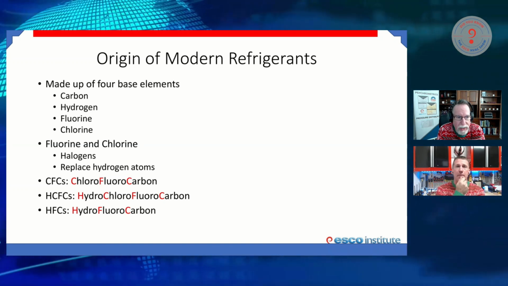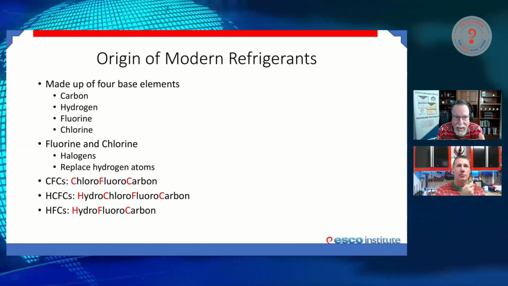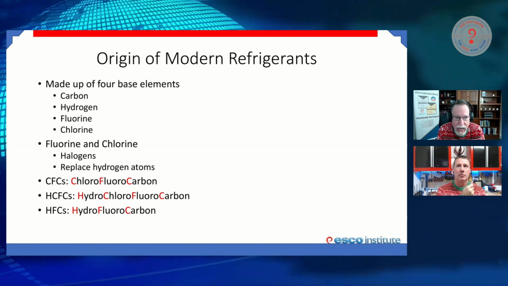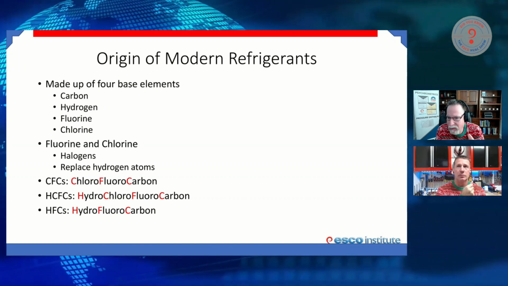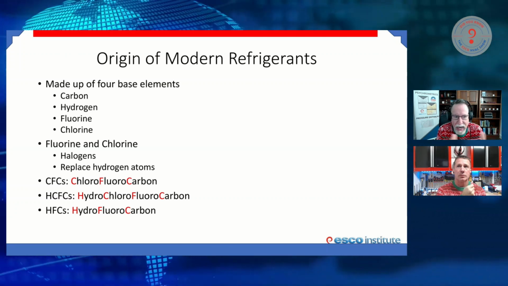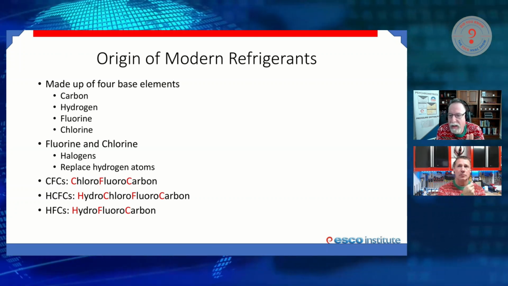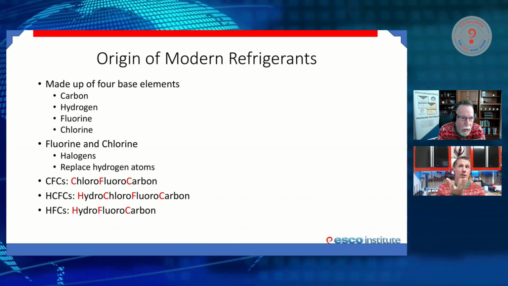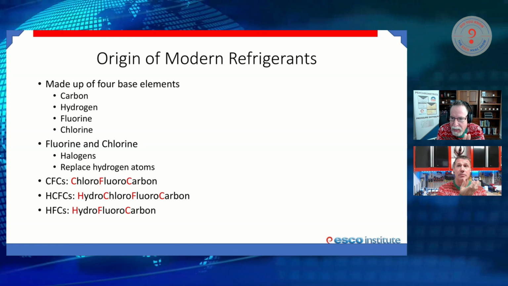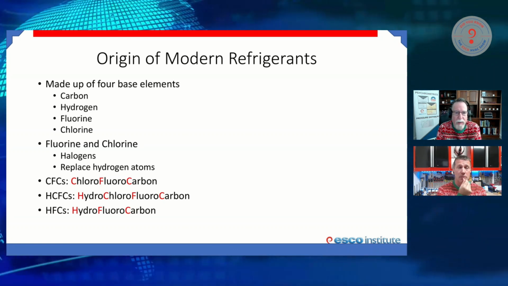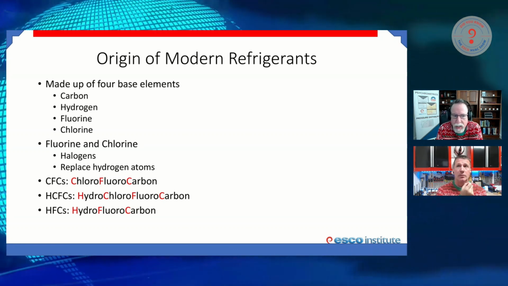We use these halogens to replace the hydrogen atoms to make them less flammable while still maintaining the really good refrigerant qualities that we need. So some type of a hydrocarbon base. Absolutely. Pretty much all of our refrigerants started off as a hydrocarbon.